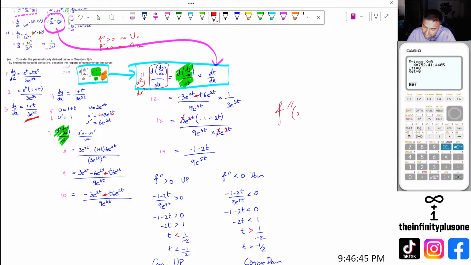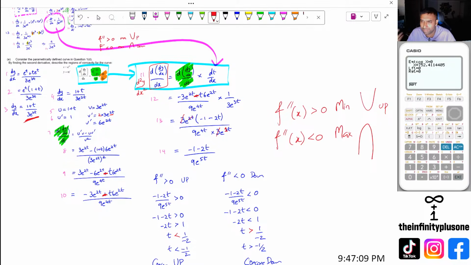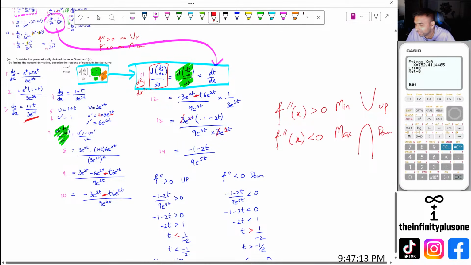I always write: if f double dash of x is greater than 0, that's a minimum. When I say minimum, you think about a parabola that has a minimum, that's a u shape, and I use that u as up. That's how I remember it. And if f double dash of x is less than 0, that's a maximum point, and that looks like an upside down umbrella. So it's like down. That's how I remember it, as concave down.